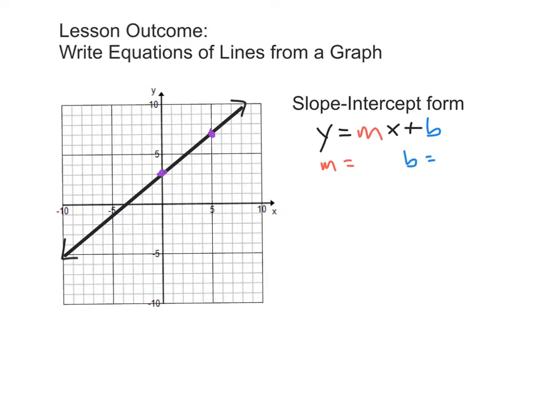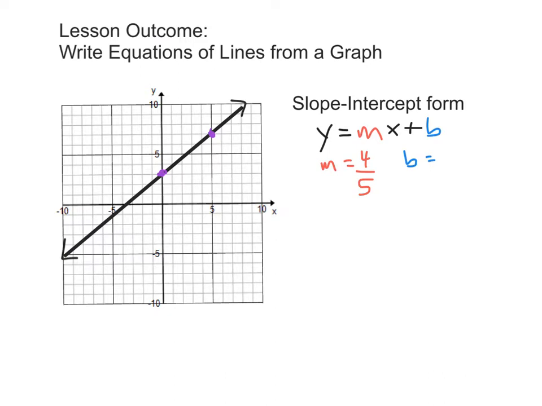So now, to write my slope, I'm going to count my slope, rise. I'm going to count 1, 2, 3, 4 up, and 1, 2, 3, 4, 5 to the right. So I've gone up 4 and right 5, so my slope is 4/5.